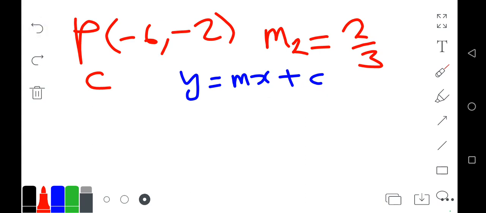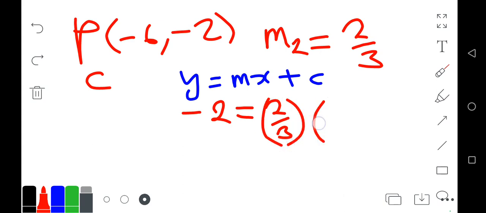So negative 2 is equal to m, which is 2 over 3 in brackets, and my x is negative 6, plus c.